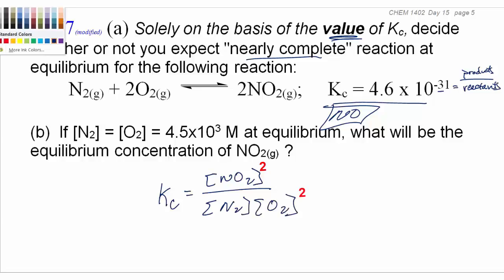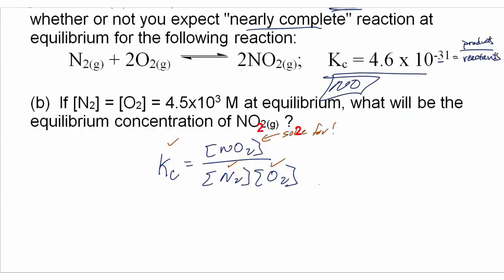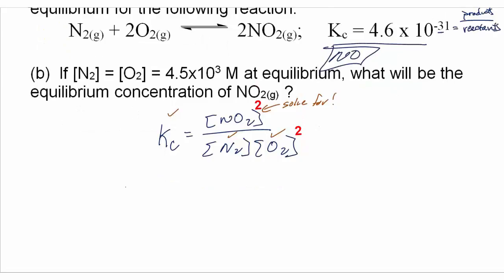Okay? We know nitrogen, we know oxygen, we know Kc, and solve for it. Right? We know everything. Just solve for the unknown. So Kc is 4.6 times 10 to the negative 31.